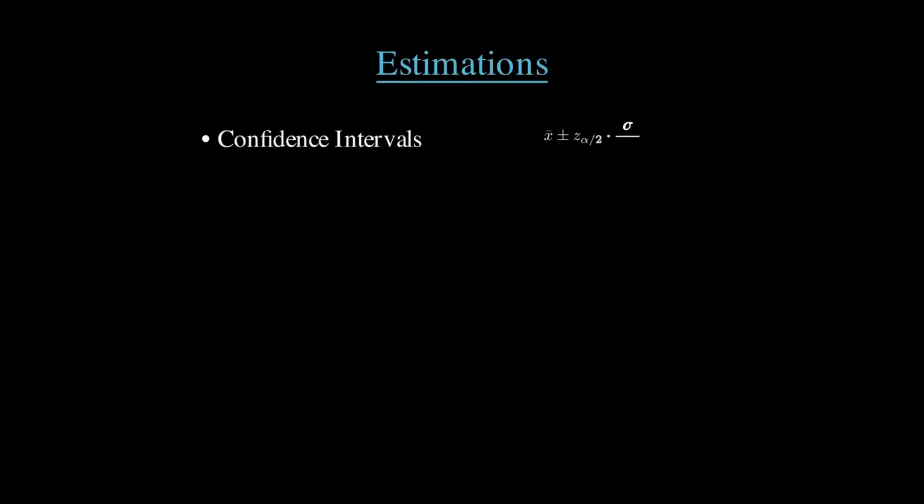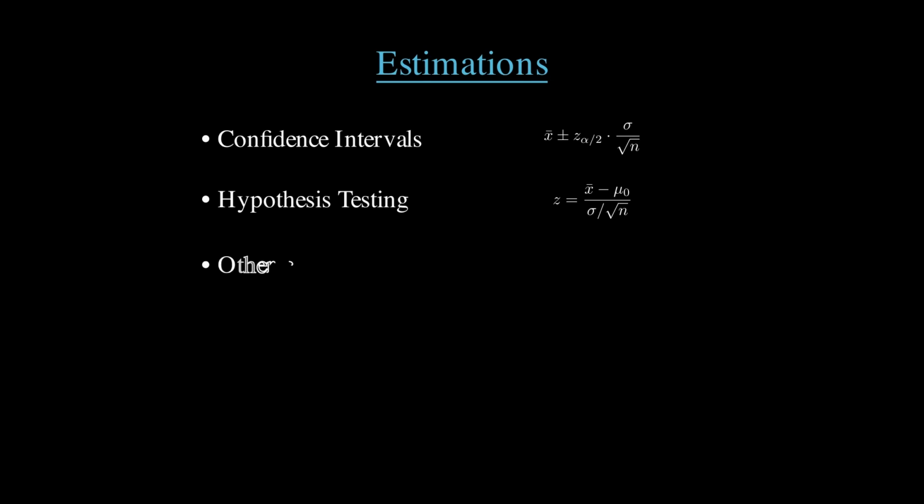Now, some examples of inferential statistics include estimations like confidence intervals, which provides the degree of uncertainty or certainty in a sampling method. Hypothesis testing, which is used to determine if there's enough evidence in a sample of data to infer that a certain condition is true for the entire population.